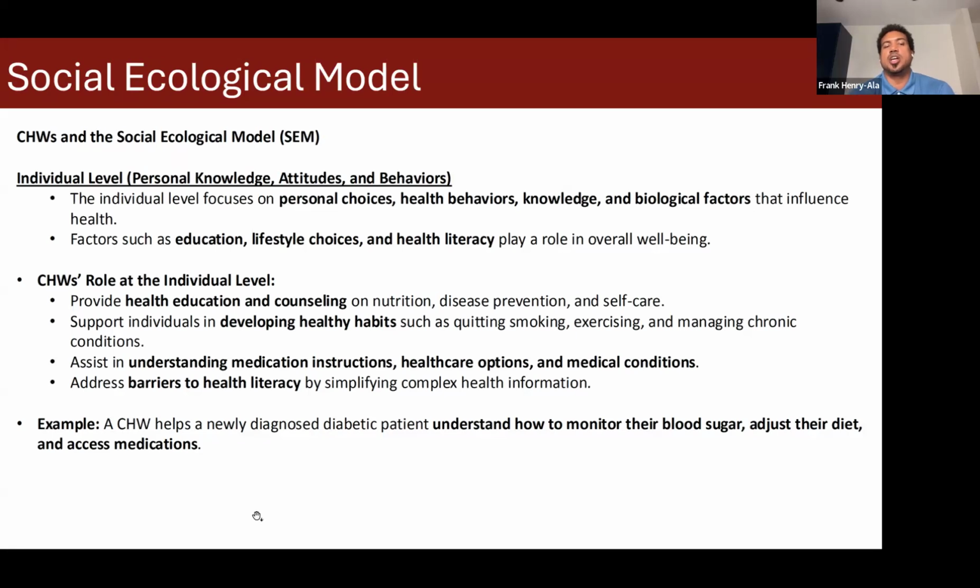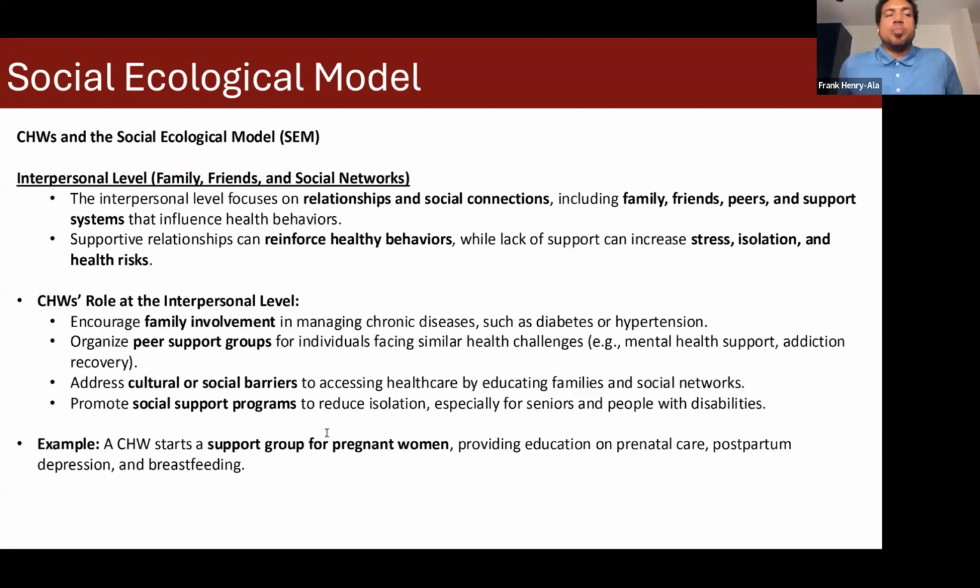So, for example, a CHW helps a newly diagnosed diabetic patient understand how to monitor their blood sugar, adjust their diet, and access medication. The interpersonal level is family, friends, and social networks. It focuses on relationships and social connections, including family, friends, peers, and support systems that influence health behaviors.